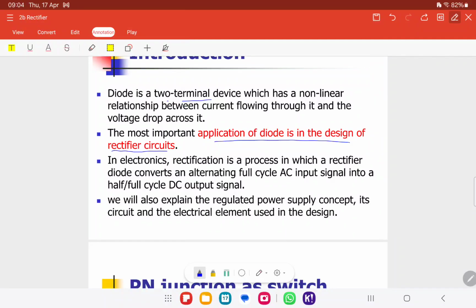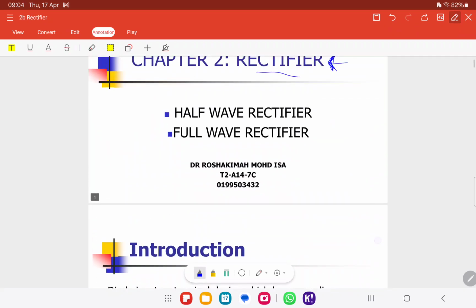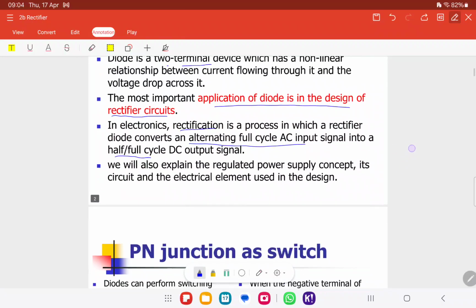Okay, rectifier is the process to get the AC signal, but then we have a circuit. In the circuit we use diode as the component. Okay, rectification is a process in which a rectifier diode converts an AC into a half or full wave. Okay, we have two types, half wave and full wave. Okay, sekejap lagi kita tengok the half wave and full wave.